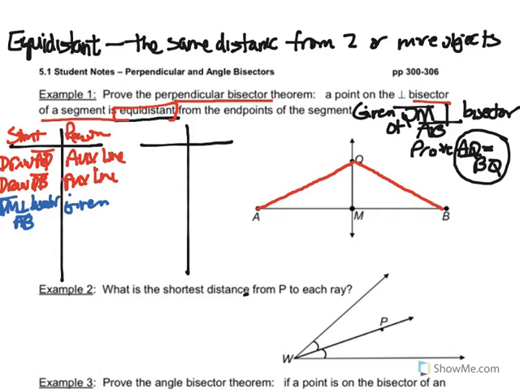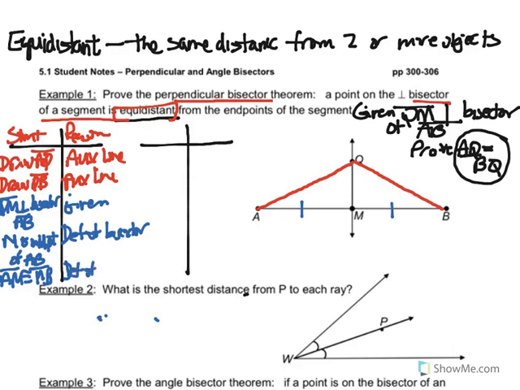We're going to say M is the midpoint of AB. And then that's the definition of a bisector. And then we can say AM is congruent to MB. And that's definition of midpoint.